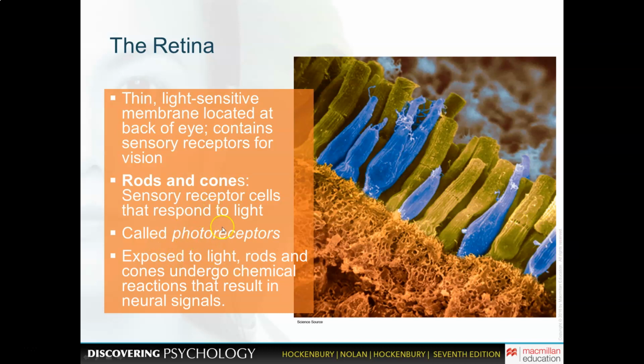Those are called photoreceptors. Photo means light in this regard, so these are receiving light. When light reaches the rods and cones, they undergo chemical reactions that send signals to the brain.